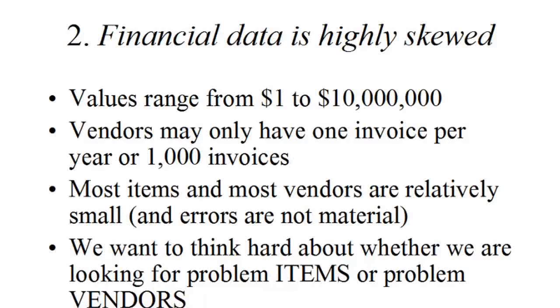There are a lot more dollar invoices than $10 million invoices. Similarly, if we're looking at vendors, you can have a vendor who only bills you once a year or once in its entire history. Or you have a vendor who sends you 1,000 invoices or 1,000 a month. And again, that distribution is typically skewed towards small vendors. There's a lot of vendors who send you 1 or 2 invoices in the course of the year, and relatively few who send you 1,000.